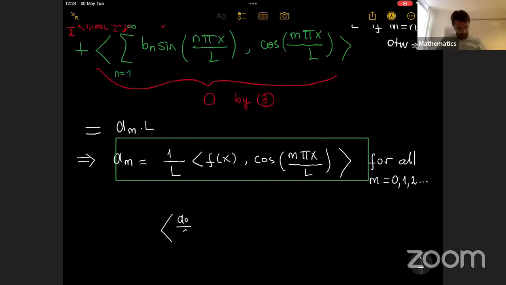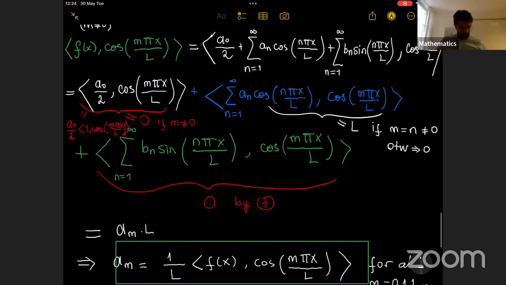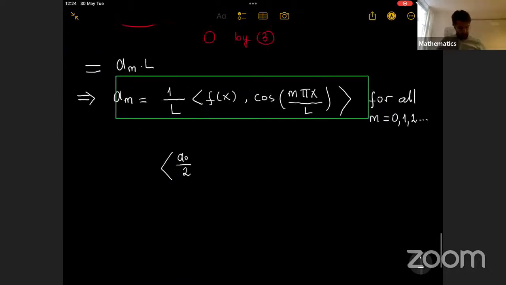We have A0 over 2 and the other one is cosine m pi x over L, right? This one.